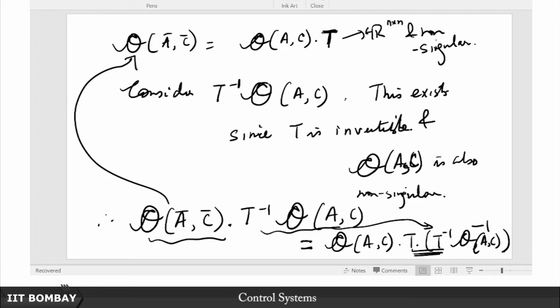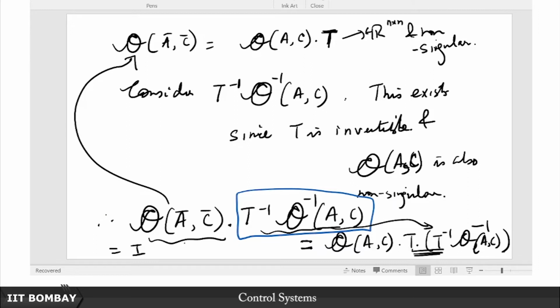So this T and T inverse will cancel each other and you will get an identity in the middle, and then O of AC and O of AC inverse will also give you identity. So this is actually going to be identity. Therefore this matrix, whether you take the left inverse or the right inverse, if you had hit this on the left also, you would have still gotten the same thing.